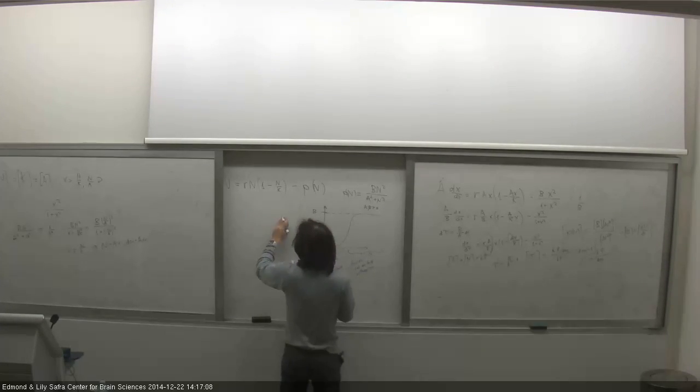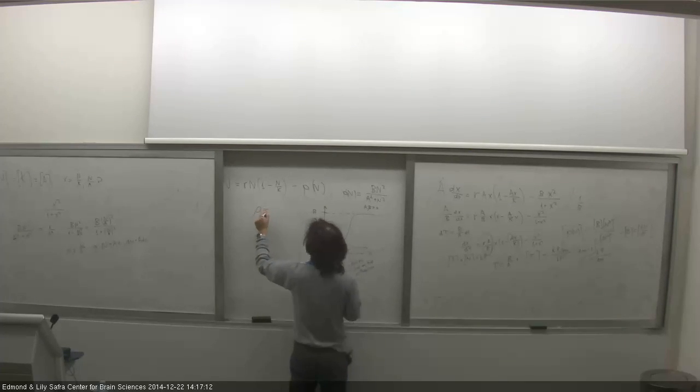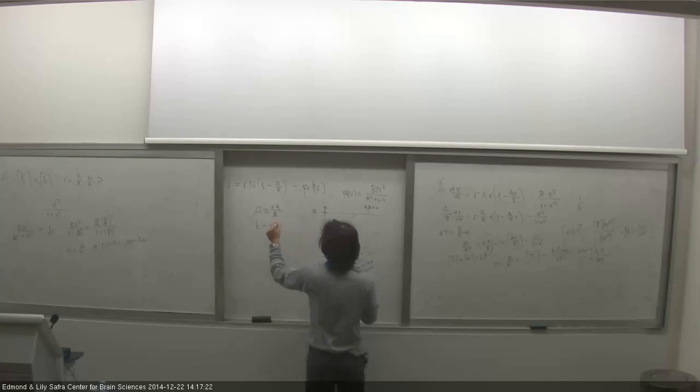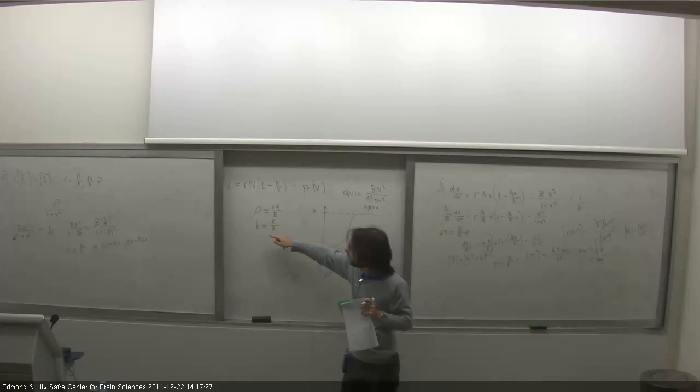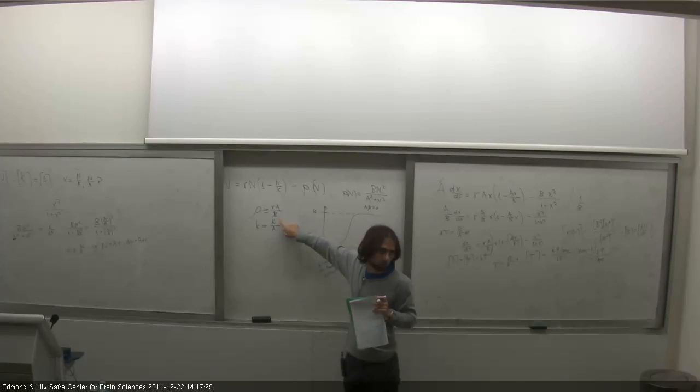So I will define rho equals R A over B, and I'll define lowercase k equals K over A. Now we know that k is dimensionless because we know these two are population.